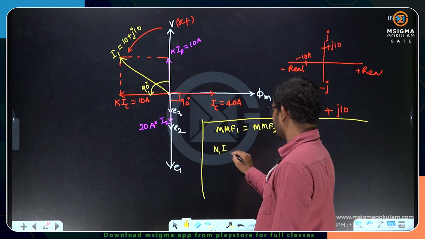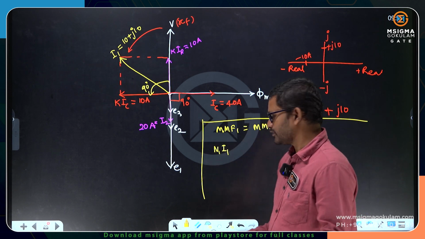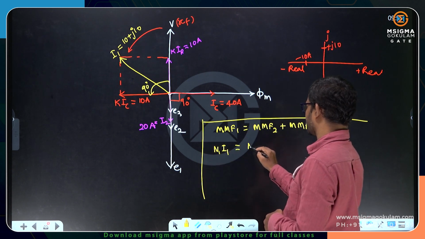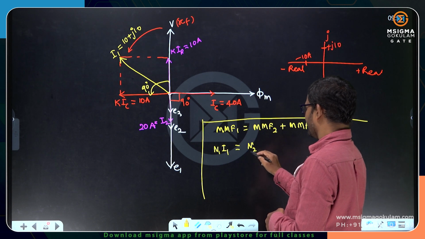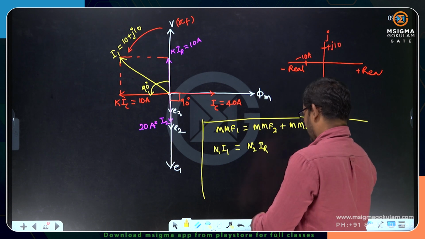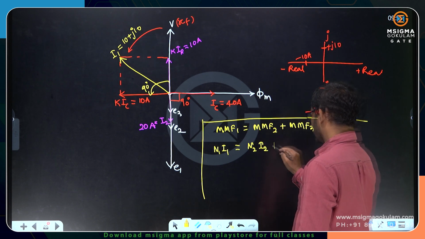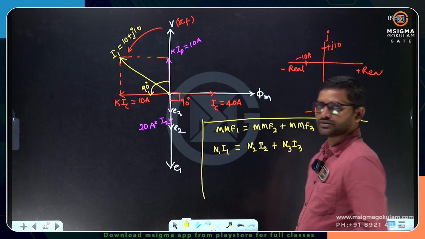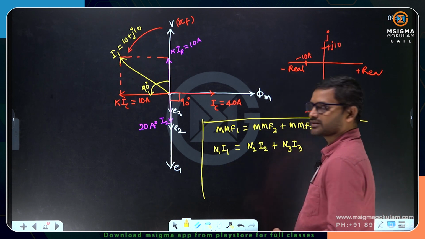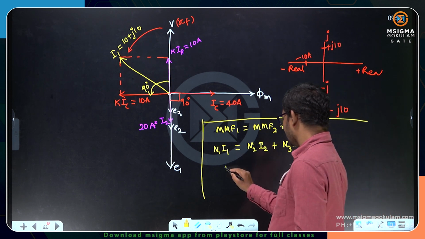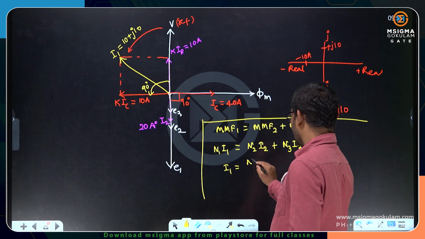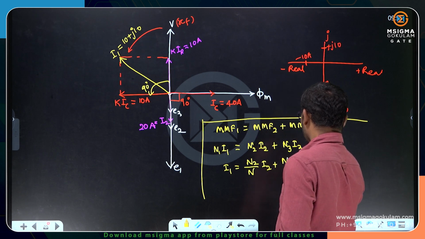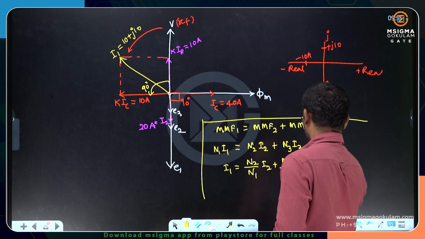N1 into I1. I1 dash also you can take, no issues. The no-load current I am neglecting anyhow. N1 into I1 is equal to N2 into IR. If you don't want to take IR, you can take I2. Now MMF3, N3 into I3. We know the turns ratios, we know the currents. Now can't you calculate the primary current here? I1 is equal to N2 by N1 times I2 plus N3 by N1 times I3.